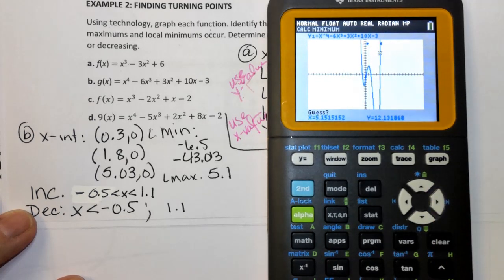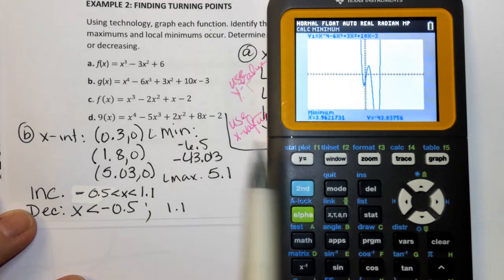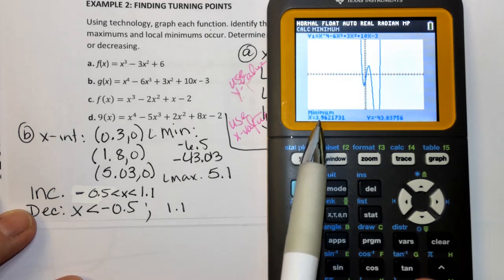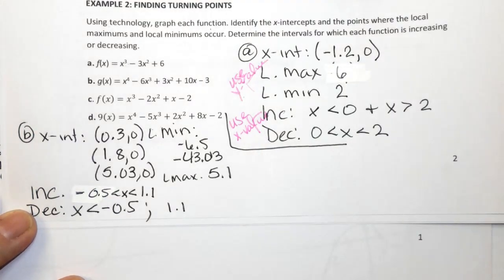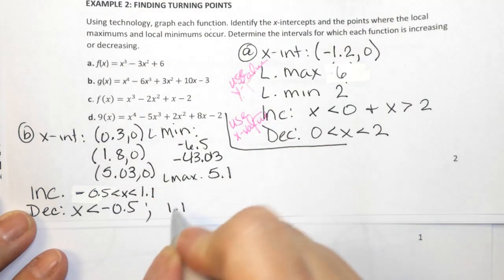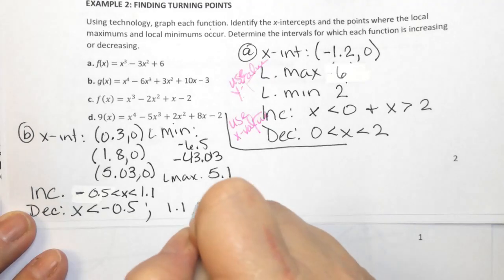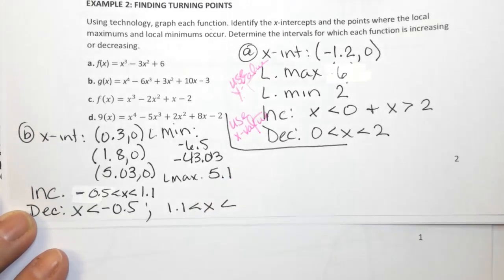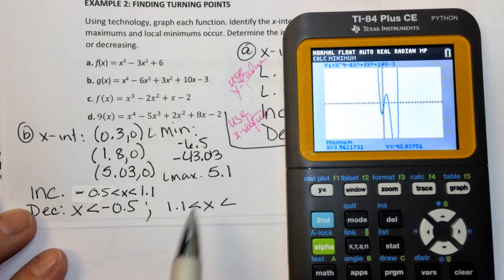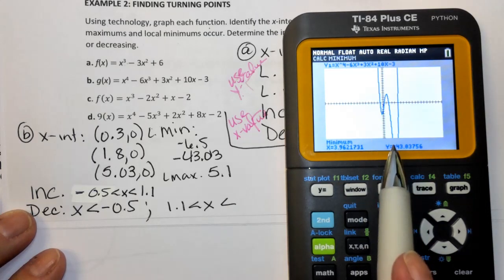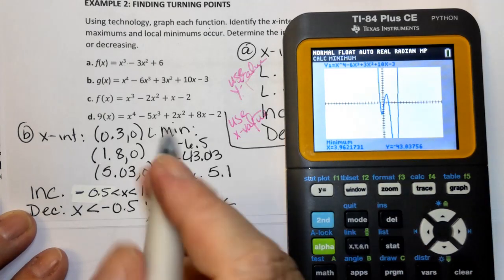And in between there, I guess. So our x value is approximately 3.96. Let's go hundredths just because we don't want it to be 4. So it is decreasing from 1.1 to 3.96.